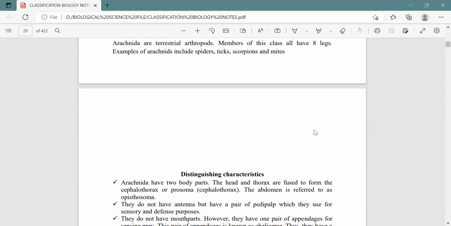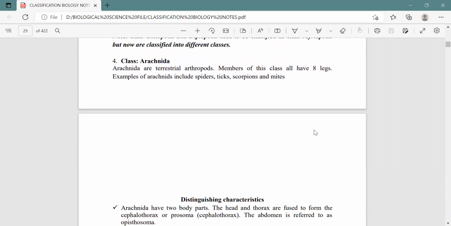We see a similar body arrangement in arachnids, in spiders, in ticks, and in mites, where the head and thorax are fused to form a cephalothorax, also known as prosoma.